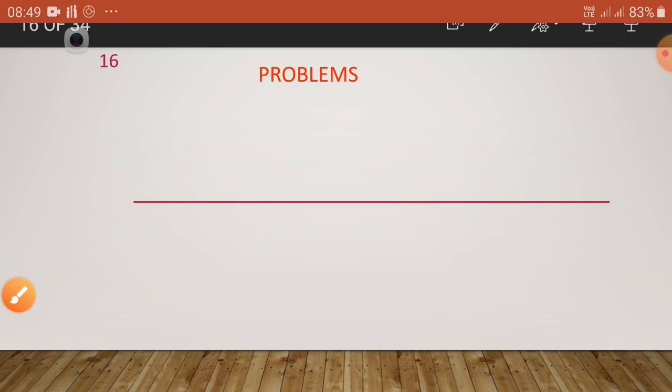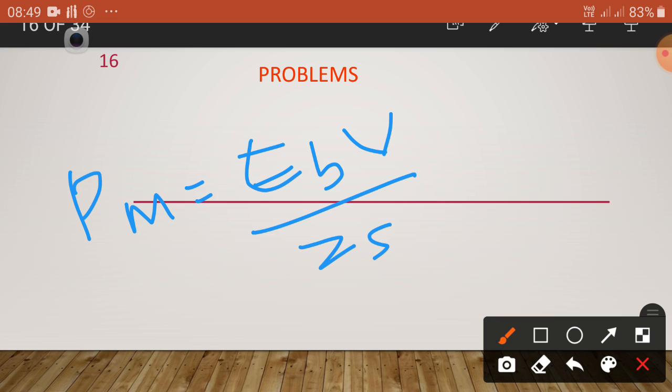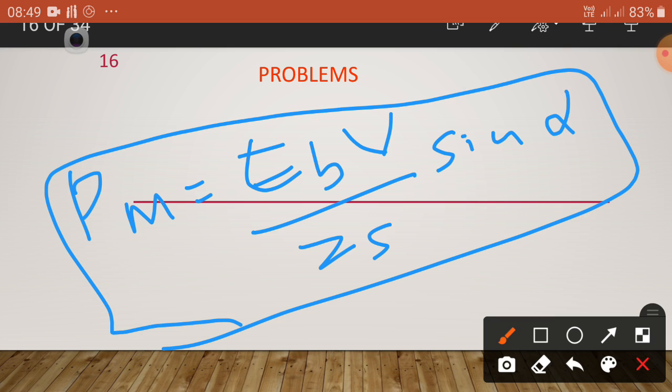So we can write PM is equal to EB into V divided by ZS into sin alpha. This is the final mechanical power generated in a synchronous motor when the armature resistance is neglected. This is a formula you have to remember.